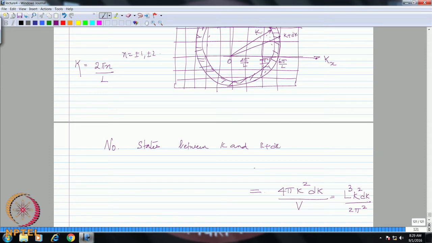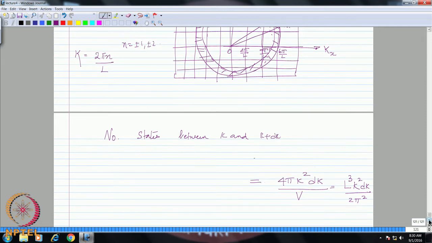Therefore, your surface area for this inner side is 4 pi k square, and the volume of this shaded region will now be 4 pi k square times dk. Divided by the volume of unit cell, you can count the number of states that is actually accommodated between this differential width k and k plus dk. So, therefore, you have this.